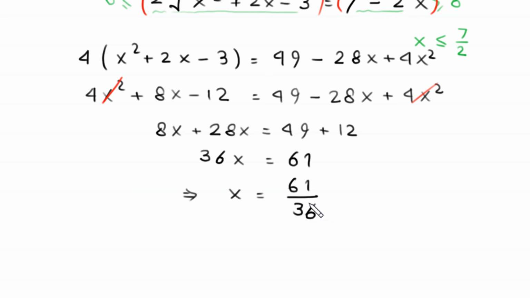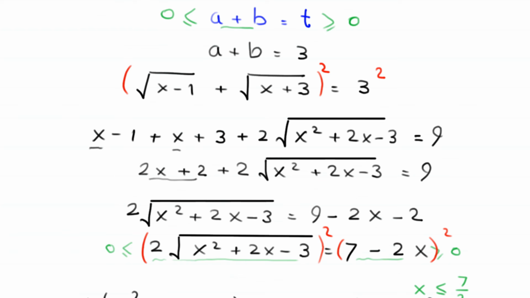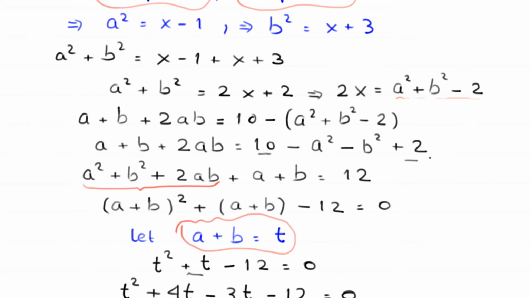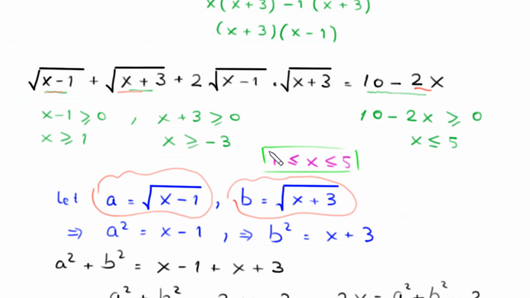Now we check the validity of this solution by using the domain of this equation. For this domain, x must be less than or equal to 7 over 2. This 61 over 36 is less than 7 over 2. And for this domain, the domain is x must be less than or equal to 5 and x must be greater than or equal to 1.